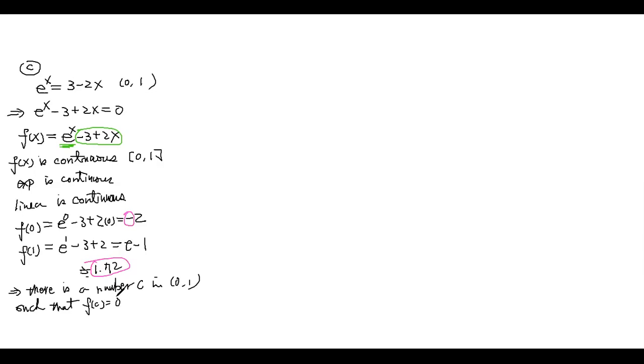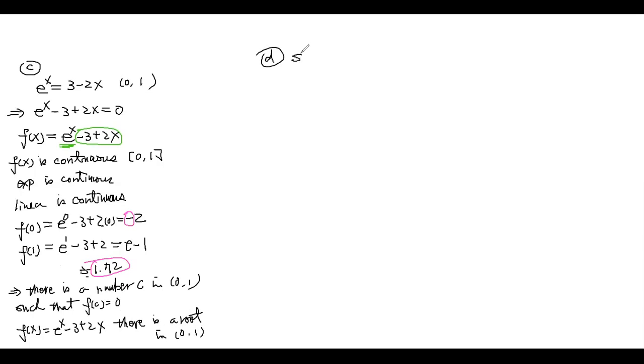Equal to zero, right? So I know f of x is e^x minus 3 plus 2x, and there is a root. So there is a root in the interval (0, 1), right?